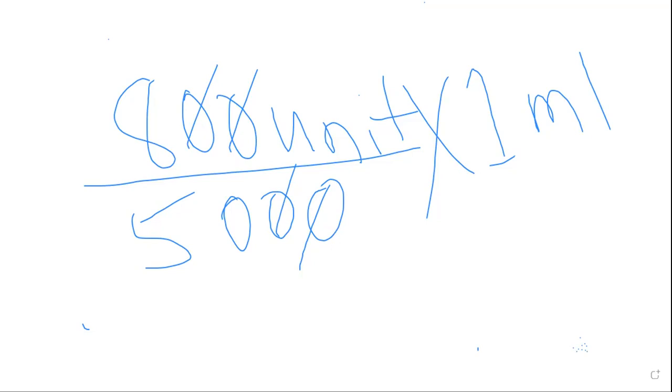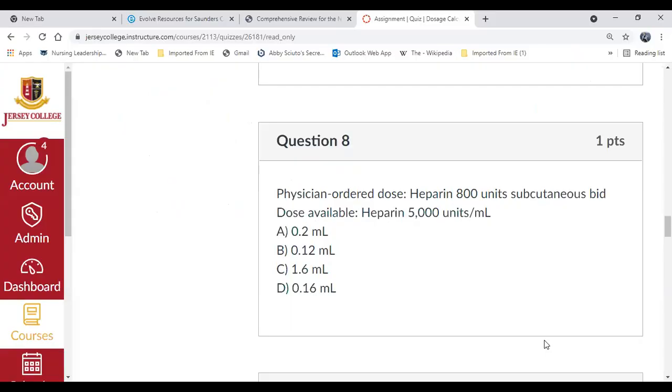And then you're multiplying it times 1. Okay, let's go back to our answers. Oh, and look at that, D, 0.16. Again, always do your math twice.